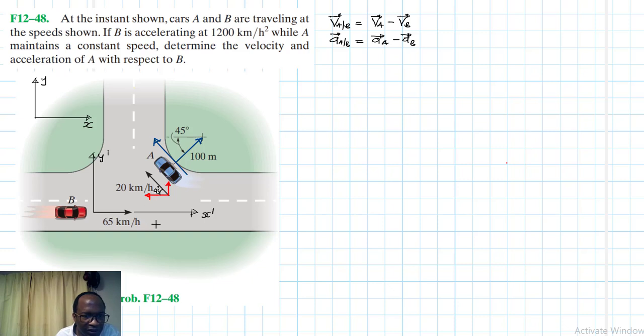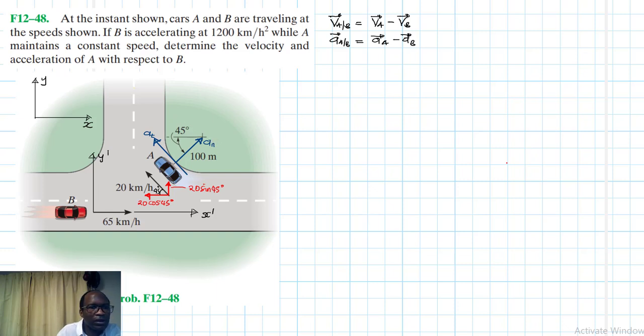It's 45 degrees, so this one is going to be equal to 20 cos 45, and this one is 20 sine 45. This one is AN, centripetal acceleration. This one is AT, which is just the change of our speed with respect to time.